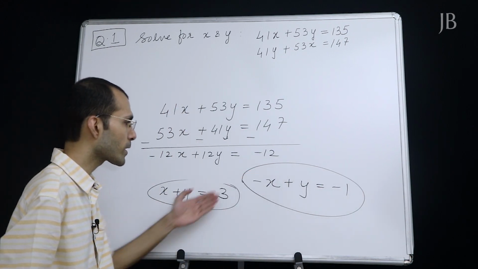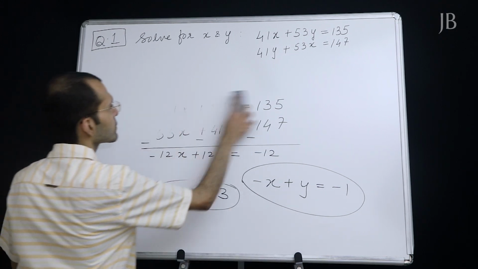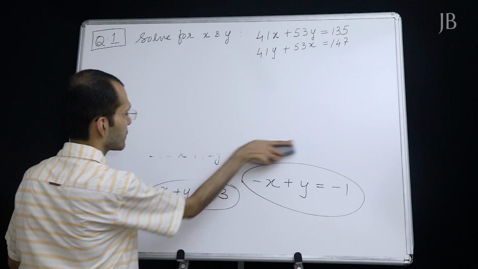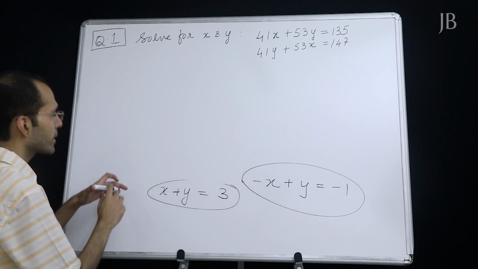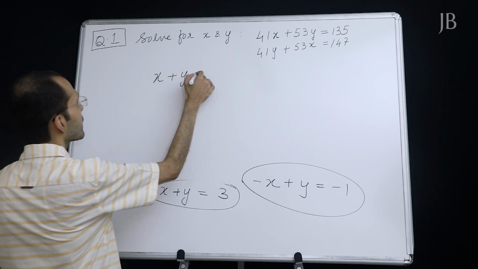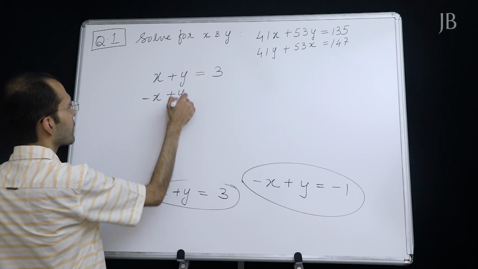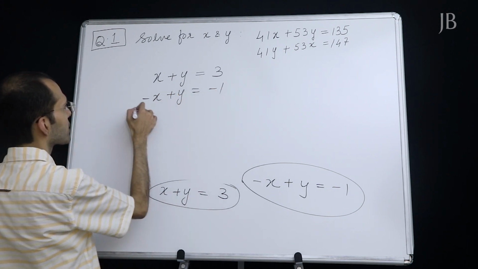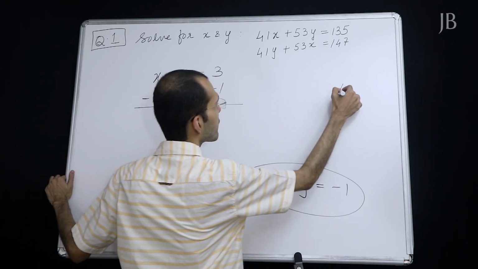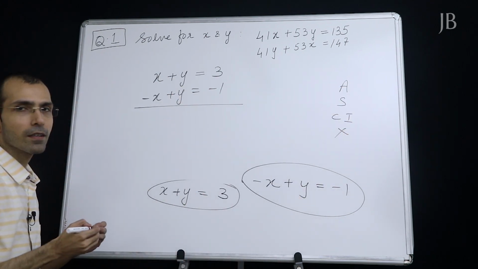Now we just need to work with these two equations. So let us write it here. x plus y is equaling 3 and minus x plus y is equaling minus 1. Now you remember here I had written addition, subtraction, coefficients, interchange, multiplication.